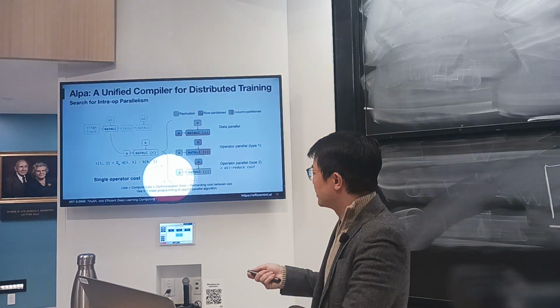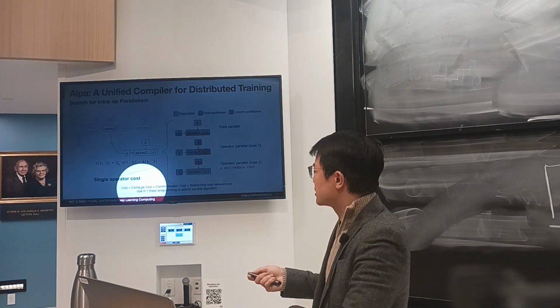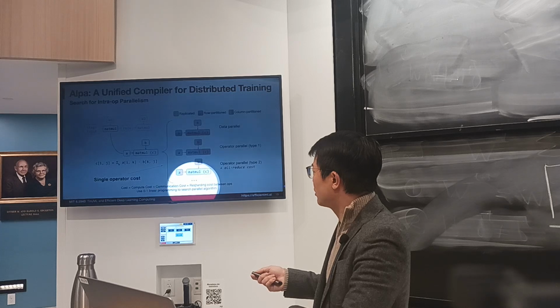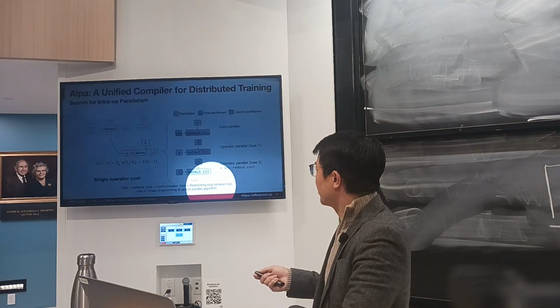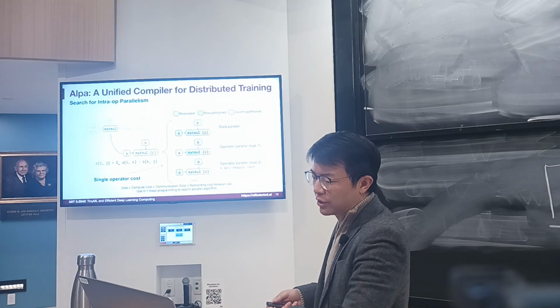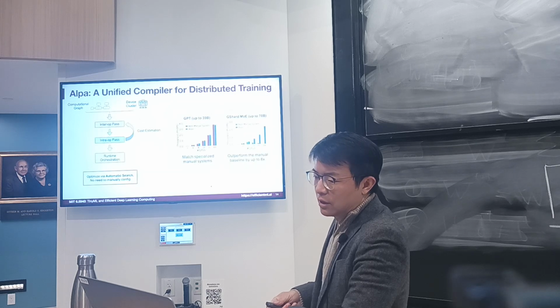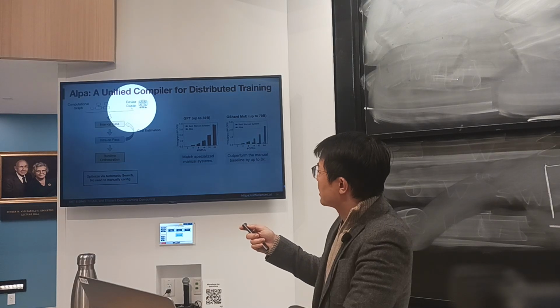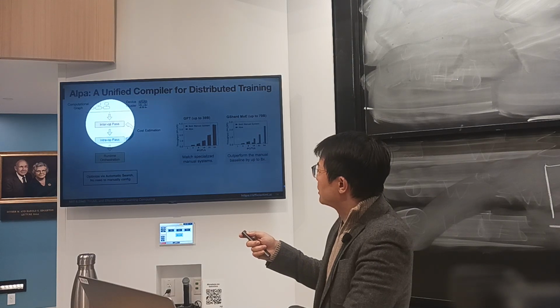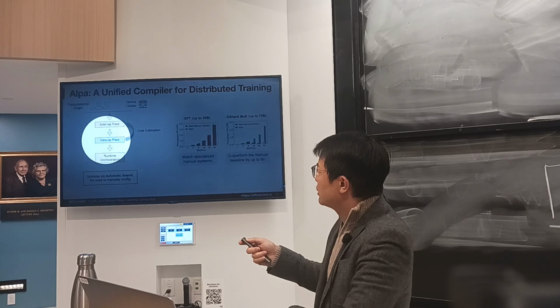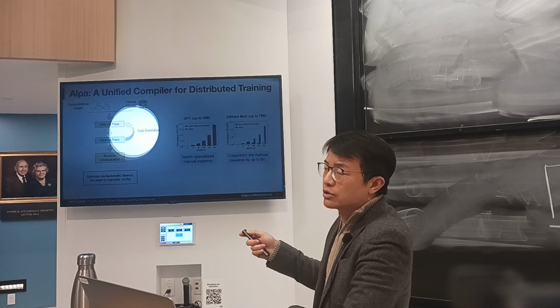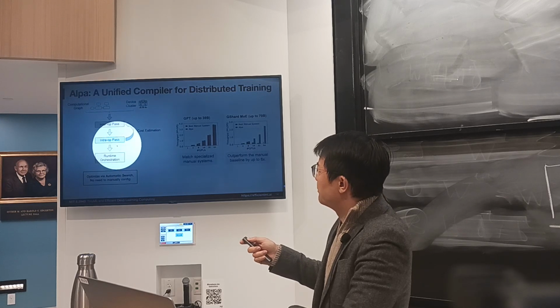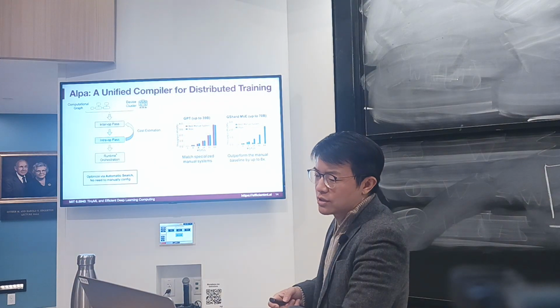Then we can calculate the cost function, which is compute cost plus communication cost plus the resharding cost between the operators. Given a computational graph and a device cluster, it will first do the inter-operator pass and then the intra-operator pass to do the cost estimation, and then give you the best orchestration after this automatic search.